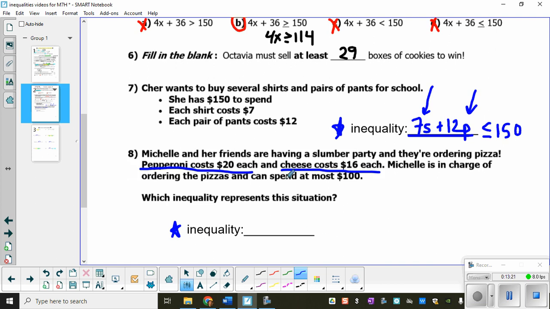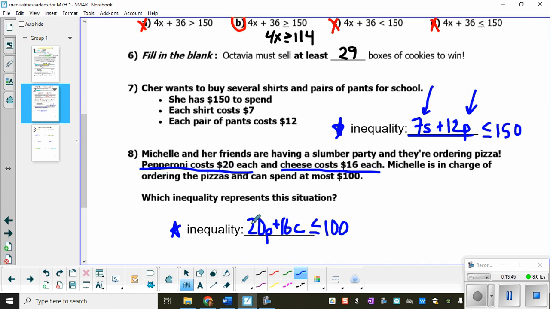So if she can spend at most 100, we're spending less than or equal to $100. And the way we get there is that it's $20 for a pepperoni pizza, plus $16 for a cheese pizza, and all of that needs to be less than or equal to 100.